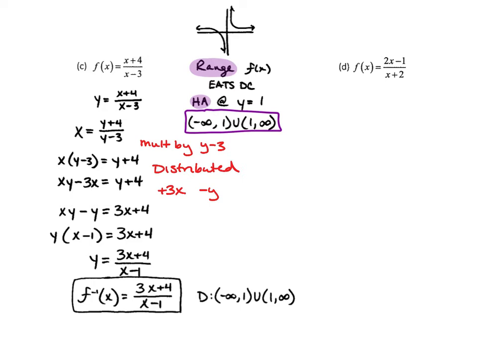This next step can kind of throw us for a loop, so let me zoom in right here so you can see what's going on. If we have xy minus y, if I take out the GCF, both the xy and the y have a y in common.